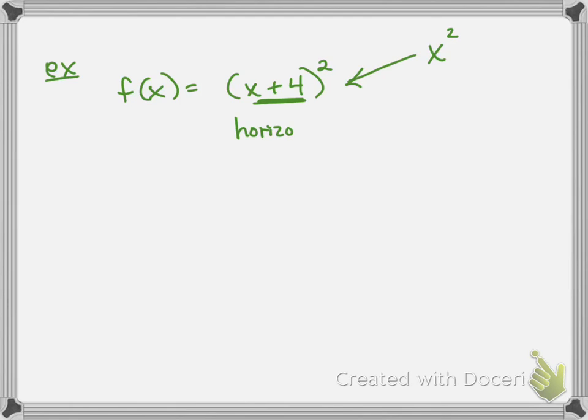It's affecting it horizontally. And it is sort of the opposite of what it looks like. So it's actually left 4. It kind of looks like it's plus, it is plus 4, but remember it's x minus negative 4. So it's causing a left 4 shift. So some people just like to look at it and say, well, it's the opposite of what it looks like. And horizontal kind of works that way a lot. It's got a lot of things with opposites.